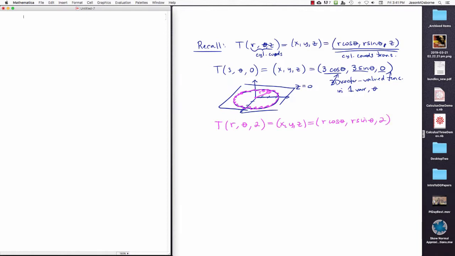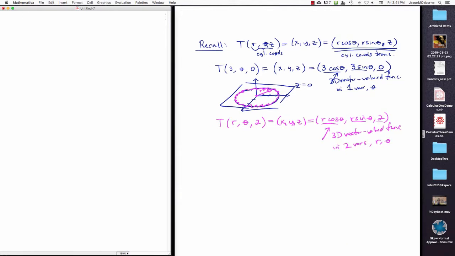Now you have a 3D vector valued function, because there are 1, 2, 3 entries, in 2 variables, and those 2 variables are r and theta. And if you let those parameters change according to whatever you wish, for example, theta could go from 0 to, say, pi, and r could go from 0 up to, say, 4.